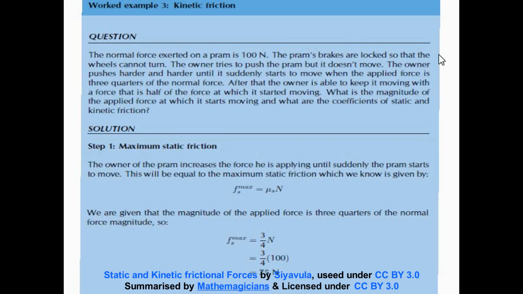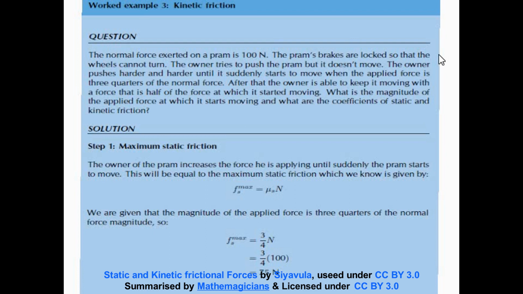We denote the force applied as F_app. They tell us that it's 3/4 of the normal force, and we know the normal force is 100 newtons.